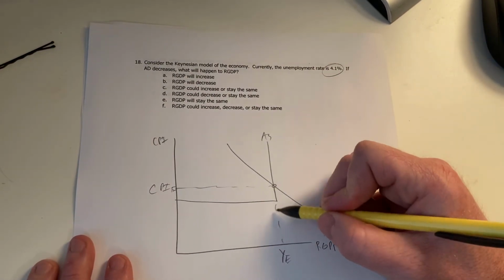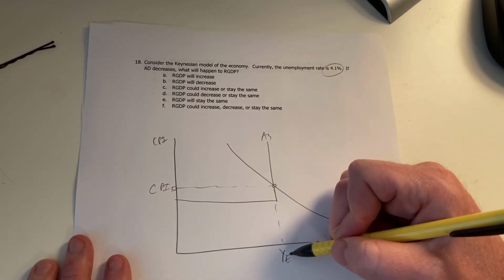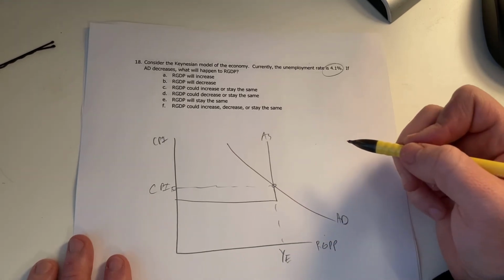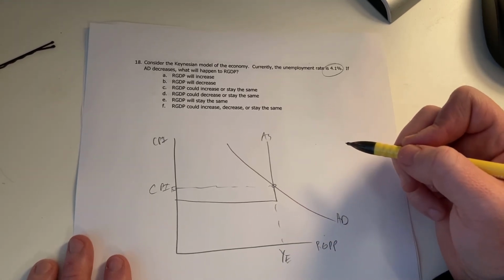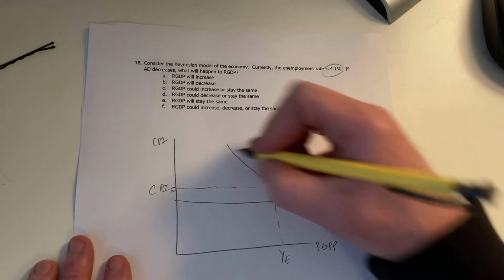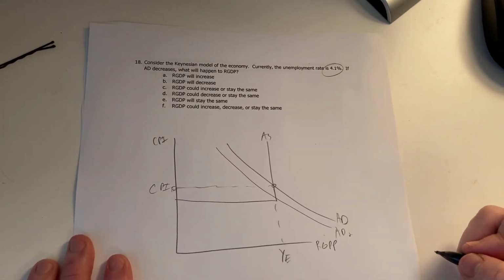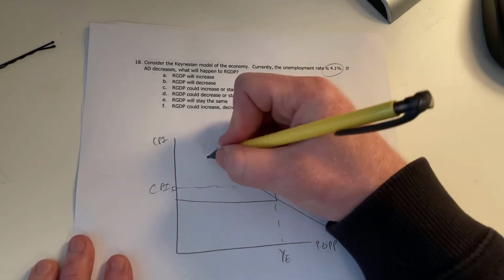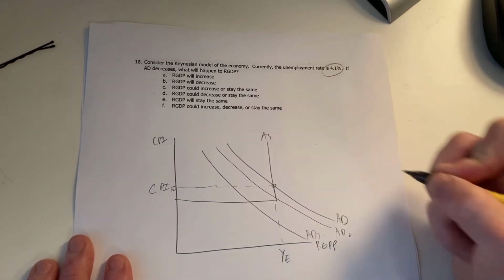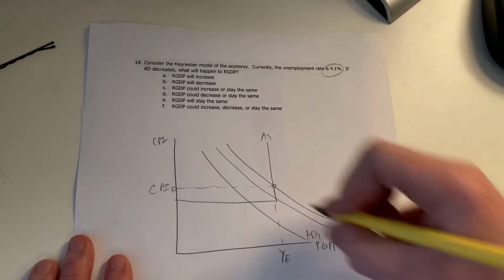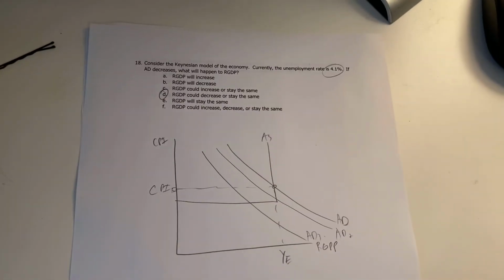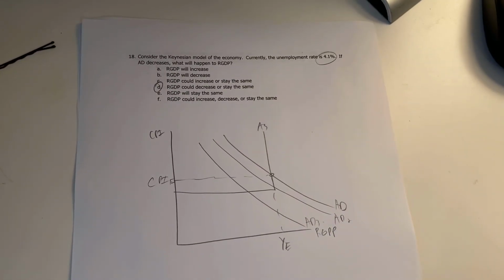So the economy is maxed out, okay? So if aggregate demand decreases, what would happen to real GDP? Well, if aggregate demand shifts to 82, real GDP would stay the same. But if aggregate demand were to shift to 83, real GDP would decrease. So real GDP could decrease or stay the same depending on how big the effect is.